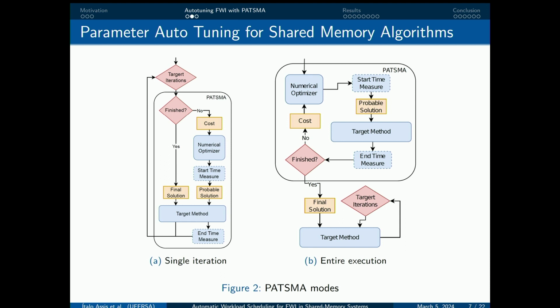From that point, the algorithm will continue without optimization. And there is also the entire execution mode, where we perform the initialization of the algorithm, perform the whole optimization, get to a final optimized parameter, and then that final solution is used for the target method to run from the beginning.